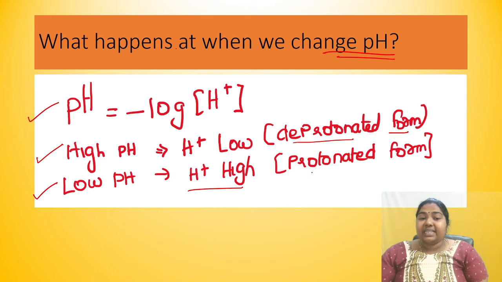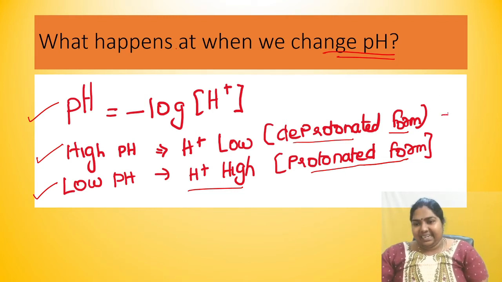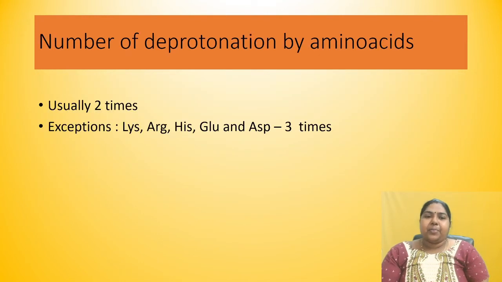So they are in the protonated form. Clear? Whenever they are protonated only, they can donate. Literally that is the meaning. Okay, fine. If it is deprotonated, it will be accepting only. Acceptor is always negative. Giver is always positive. Got it? Yes. Okay, fine.